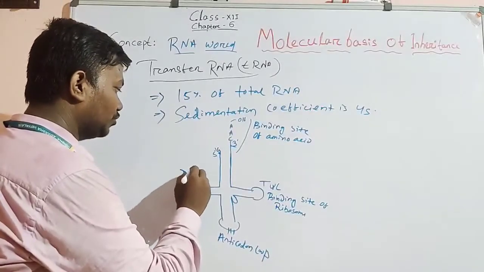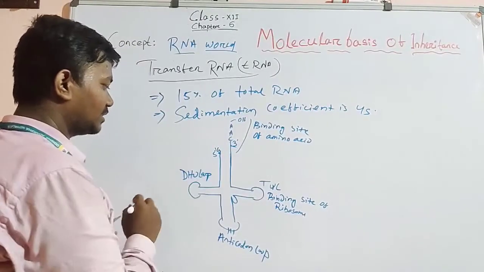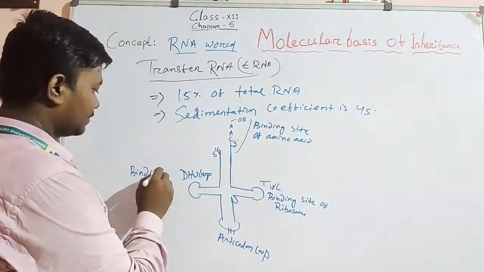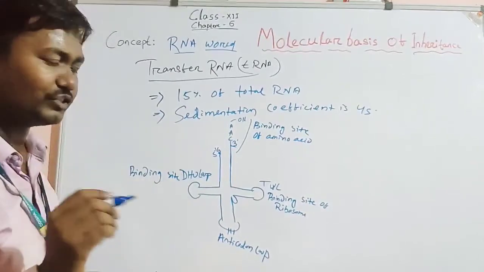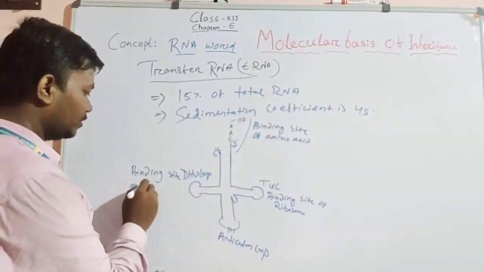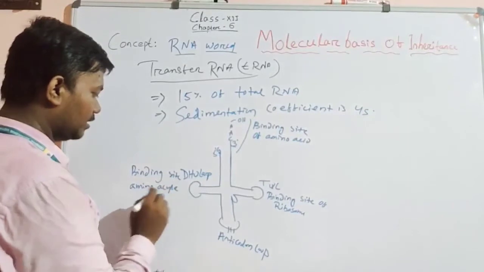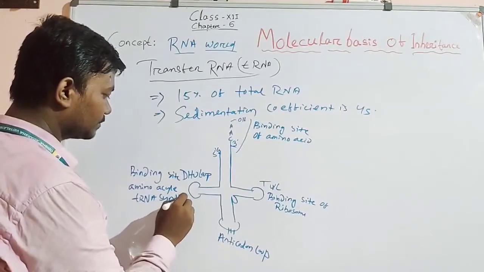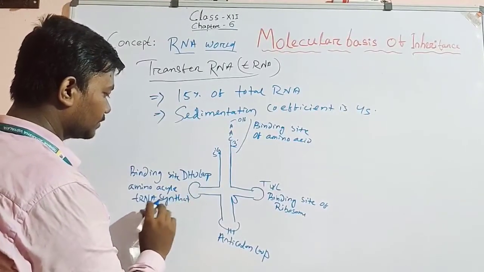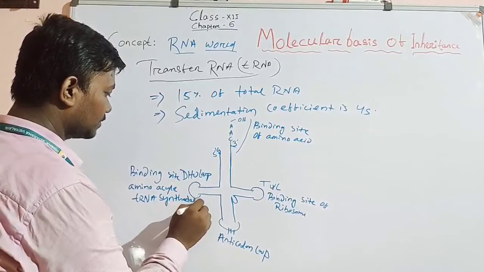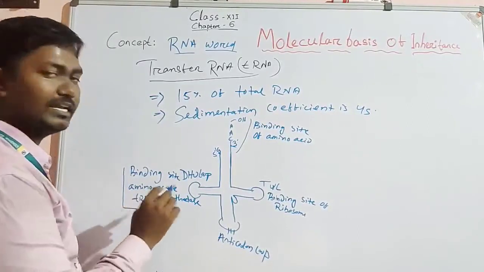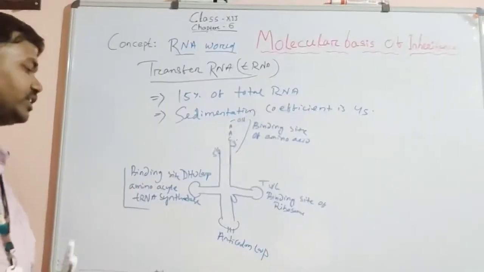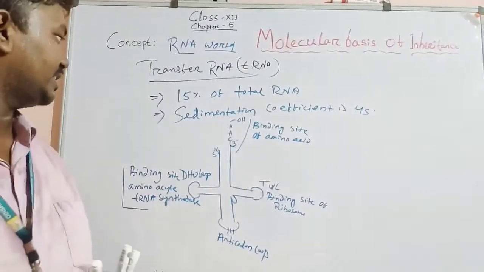This is the DHU loop, which is the binding site of an enzyme called aminoacyl tRNA synthetase.